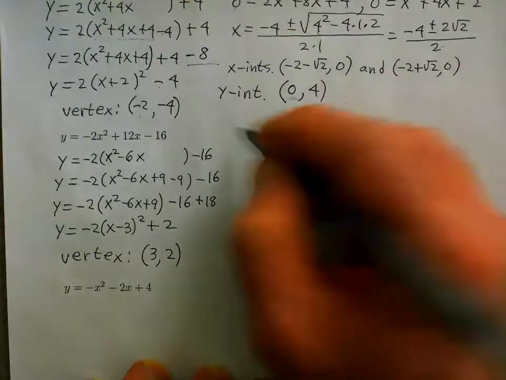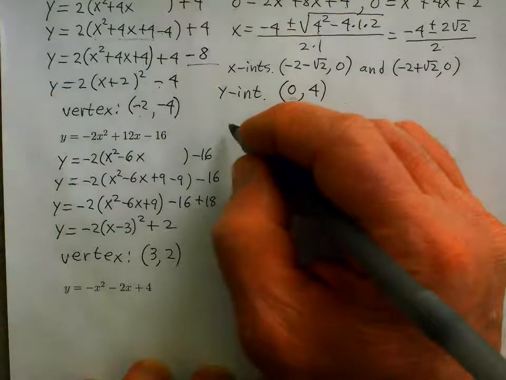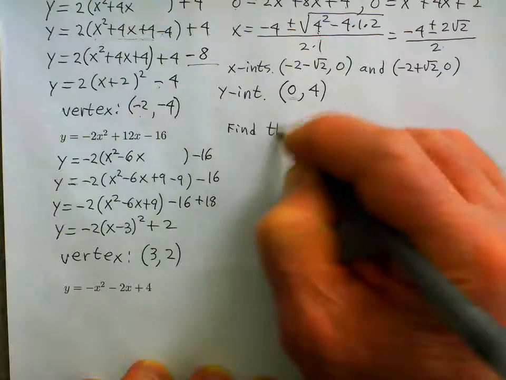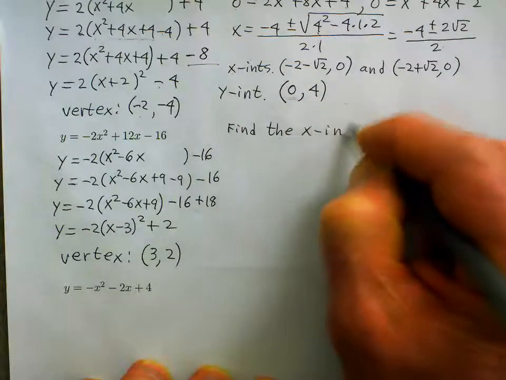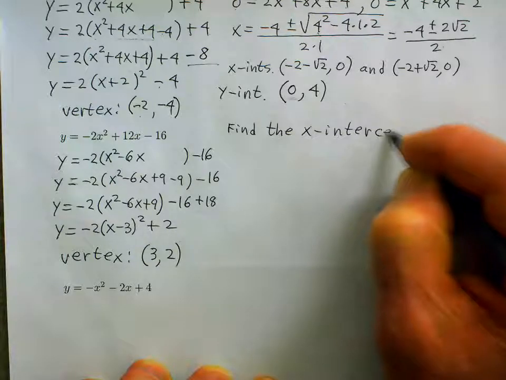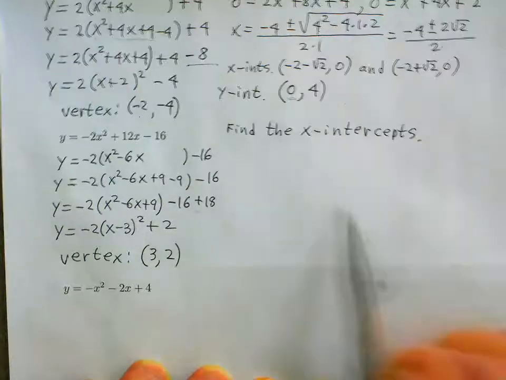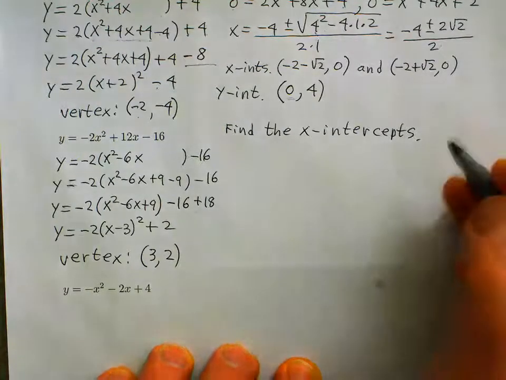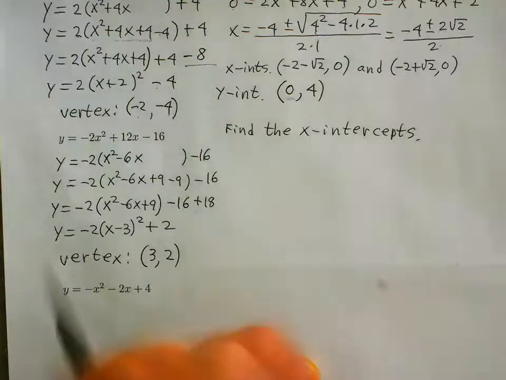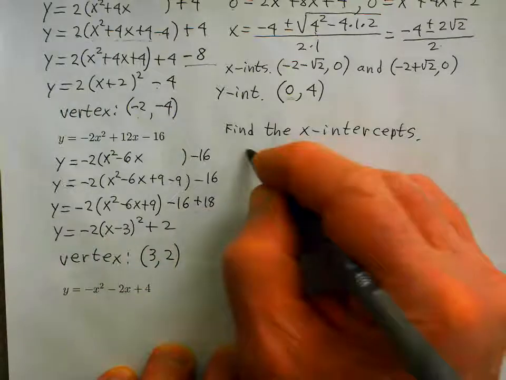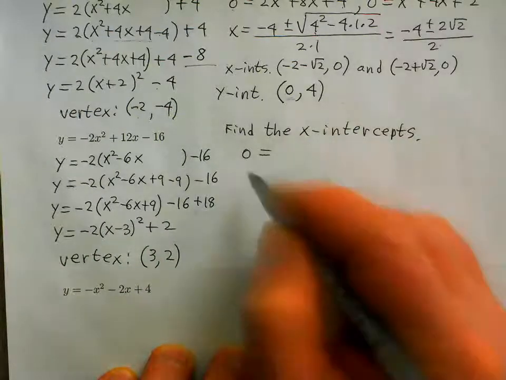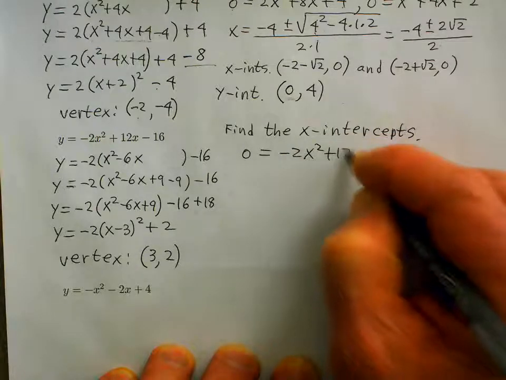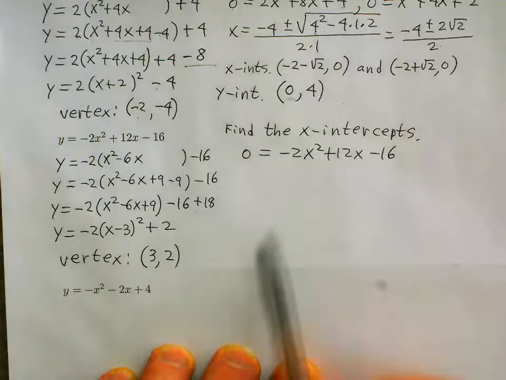Okay, so we have a minute or two left. So let's find the x-intercepts. Since every x-intercept has a y-coordinate that's equal to 0, we find the x-intercepts by replacing y with 0 and then solving for x. So 0 equals negative 2x squared plus 12x minus 16.